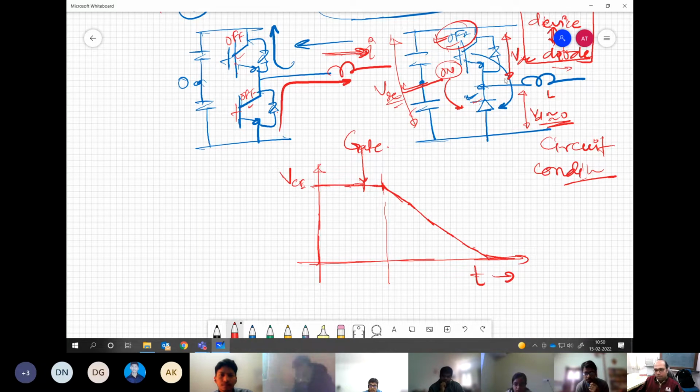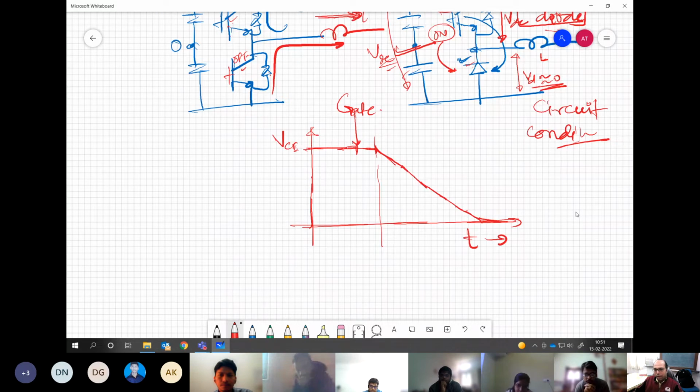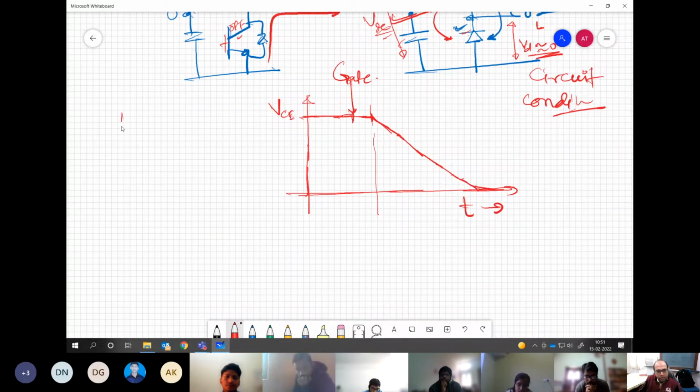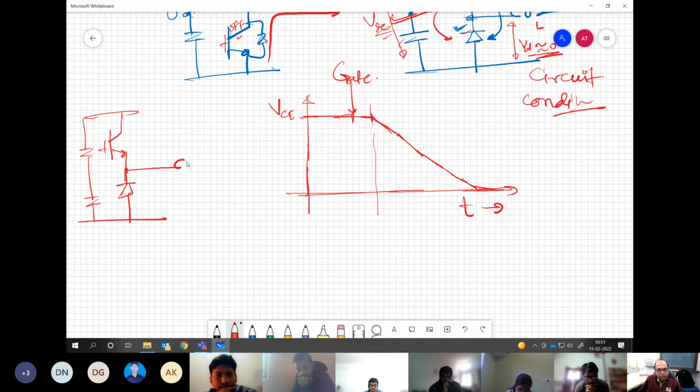So now understand what is happening. Let us try to see from the circuit point of view again. We have a device. I will not draw the antiparallel diode for this because that's not conducting, and the device on the bottom side because that is also not conducting. This is the scenario. You have VDC voltage coming across this initially and V equal to 0 across the diode.